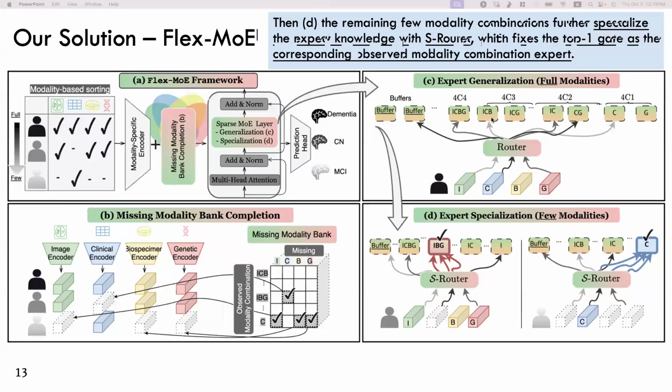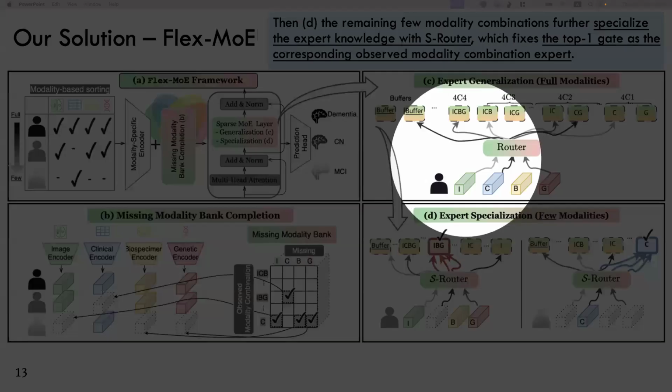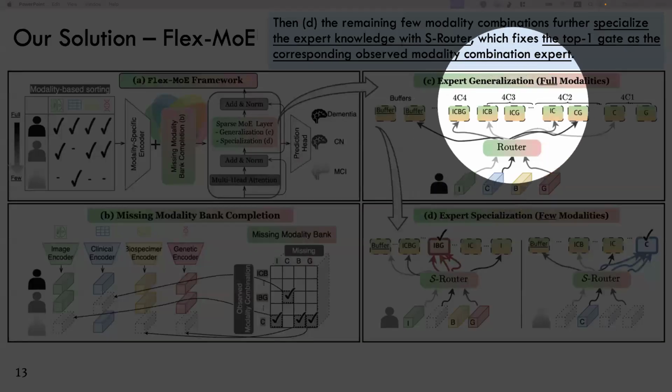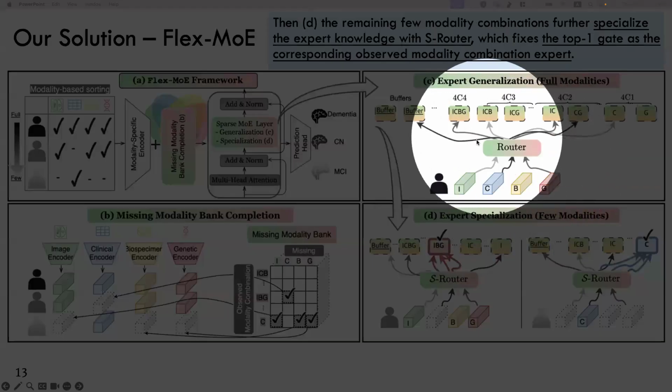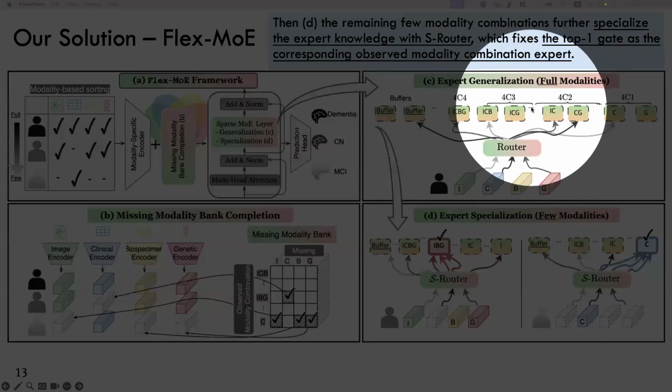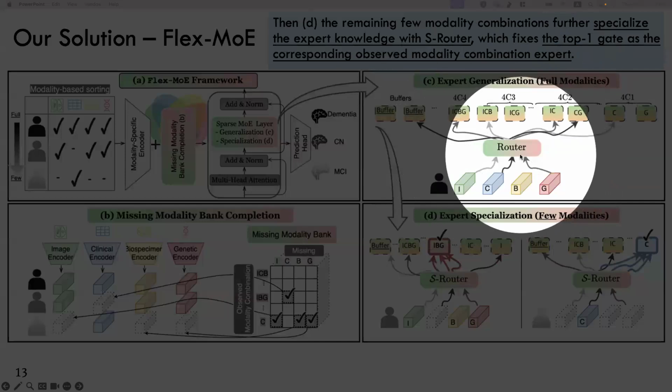This routing policy contains two scenarios. If one patient has full information, which means all the modalities are present, we will concatenate them together directly and select the top two most similar or associated experts to deal with this patient.